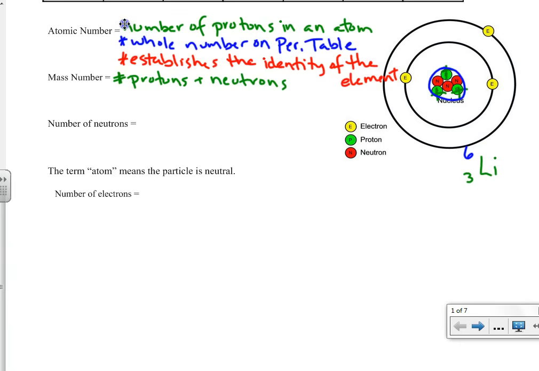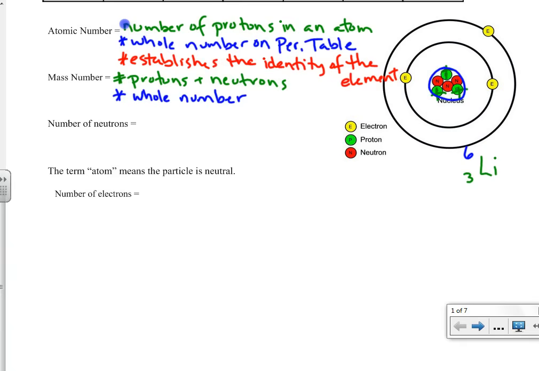You will take note that you can't have a fraction of a proton or a fraction of a neutron, so therefore a mass number must be a whole number. And if you happen to have a periodic table handy, there's only one whole number associated with each element, and that whole number is the atomic number.